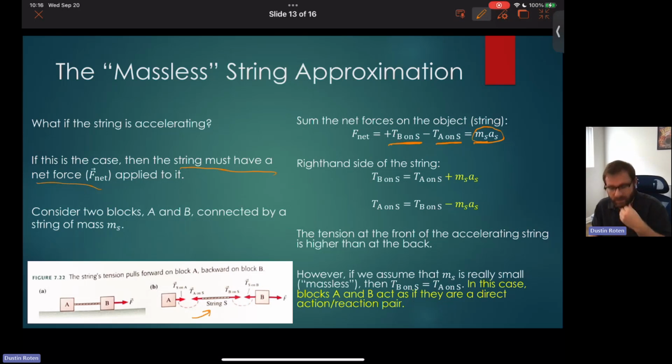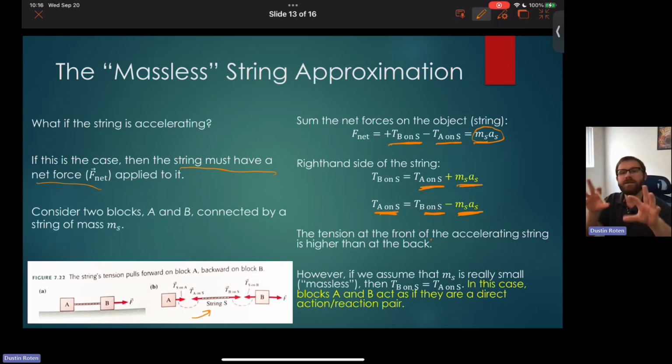Now look at what we can do. The tension on the B side from block B is the tension on A plus extra. But then the tension on the A side is the tension from B minus extra. So one side has a plus ma, the other side has a minus ma.